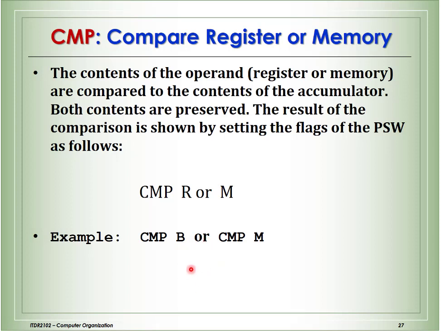Same here: the contents of memory or register are compared to the contents of the accumulator. We are just going to compare. And remember, the result of the comparison is shown by setting the flags of the PSW, program status word.